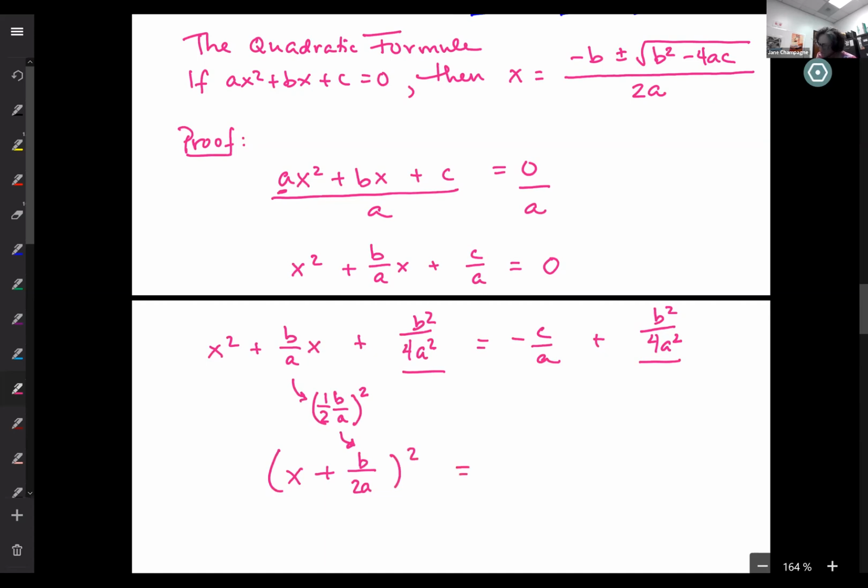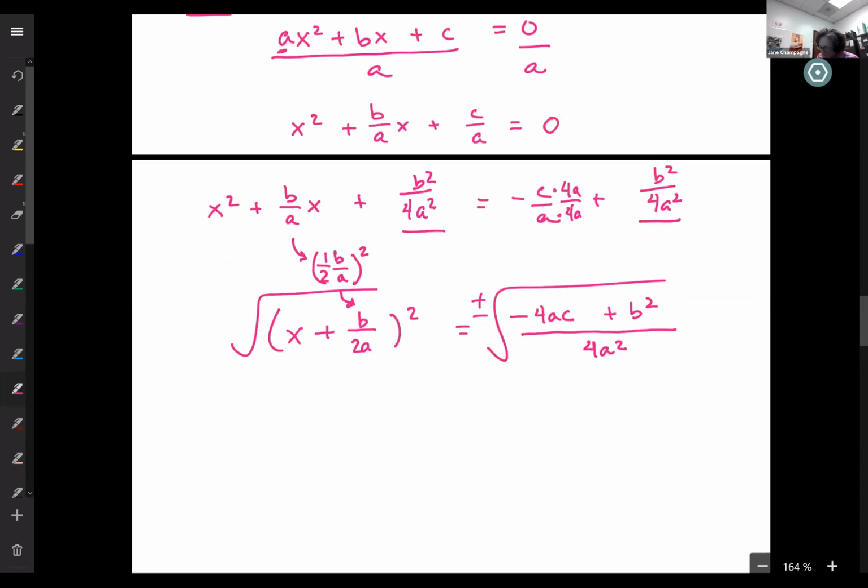And then over here, you need a common denominator. So you have to multiply this by 4a over 4a. So you get a negative 4ac plus b squared all over 4a squared. So then you can take the square root of both sides, plus or minus, to get x plus b over 2a equals plus or minus, and here you can kind of see the quadratic formula emerging.